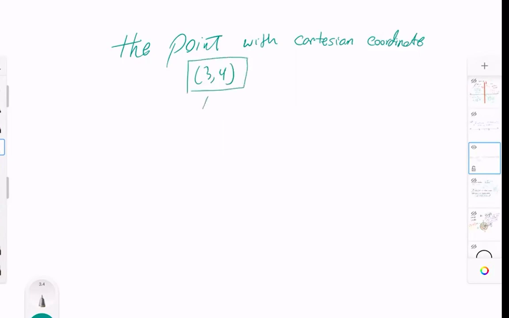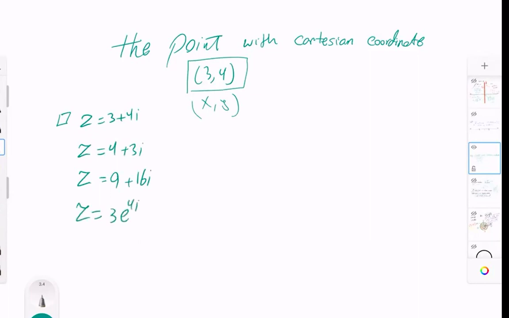This is Cartesian x comma y, correct? They're saying, which point in the complex plane corresponds to it? Is it z equal to 3 plus 4i? Z equal to 4 plus 3i? Z equal to 9 plus 16i? Z equal to 3e to the power 4i? Or none? Which one do you think, Ryan? That's your question, correct?